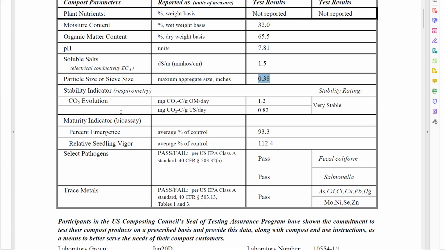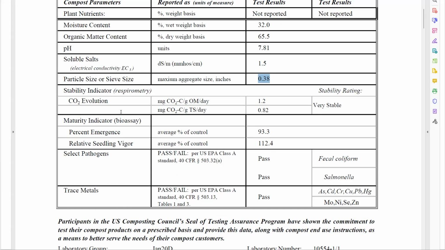The reason for that is an immature compost is really high in ammonia. The way that you can tell that it's high in ammonia is you smell it. If you've never smelled an immature compost before and you don't know what it smells like, just keep in the back of your head that you're going to smell ammonia, and you're like, what does that smell like?